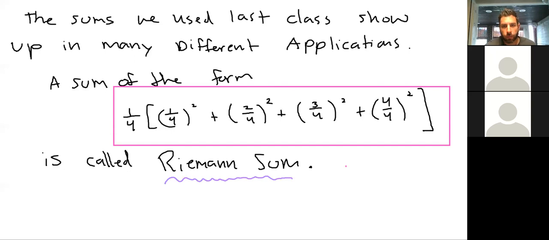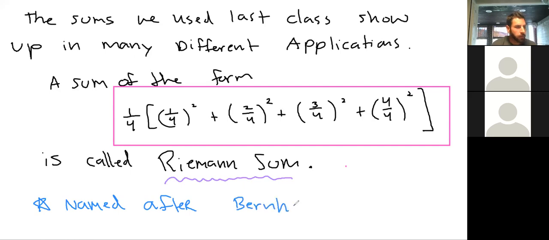So if you're bored, you can learn about why they're called Riemann sums. They're named after this one legend of German descent named Bernard Riemann.